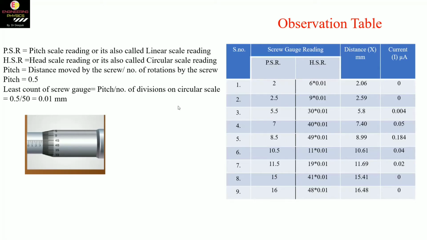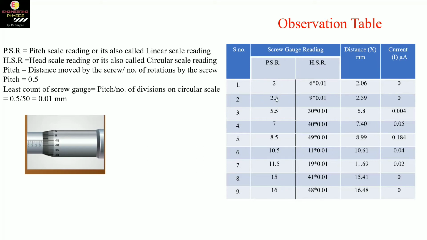So first we have selected the linear scale reading, started the experiment from the linear scale reading 2, and we get the circular scale reading coinciding with the linear scale reading at division 6 of the circular scale, multiplied by 0.01, so we get the distance 2.06 and the current unit nearby 0.